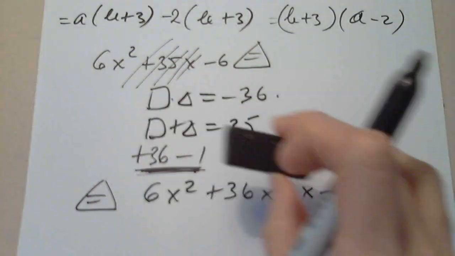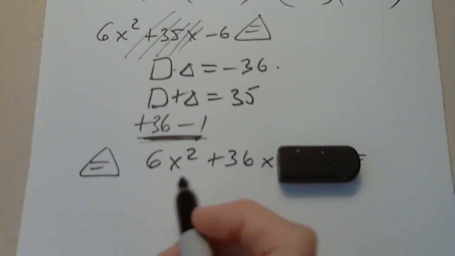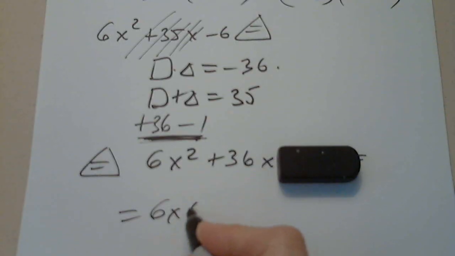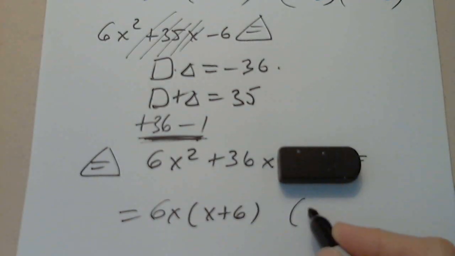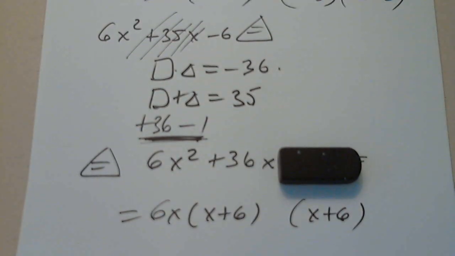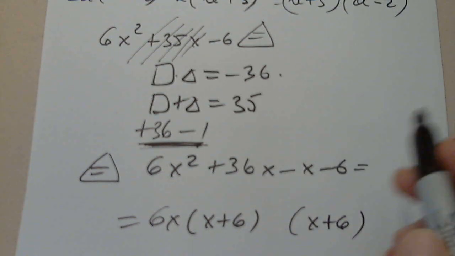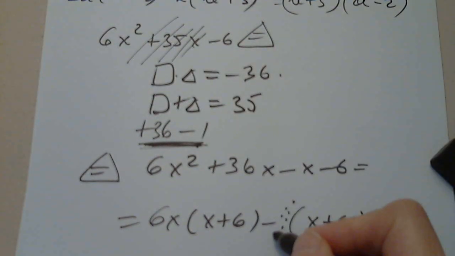And now I'm back to factoring by grouping. From the first two, I see a 6x, so x plus 6. If I do not get an x plus 6 coming out from the other two, then I'm in trouble. Oh, negative 1.